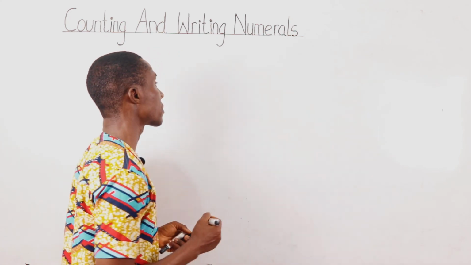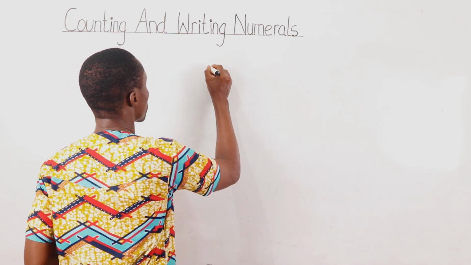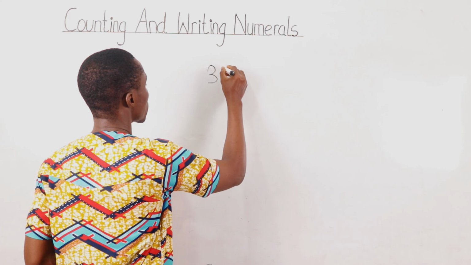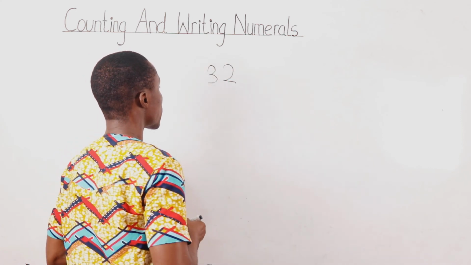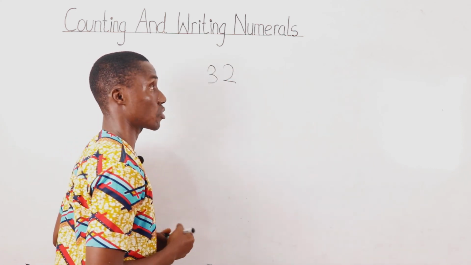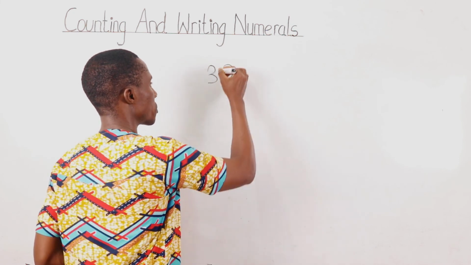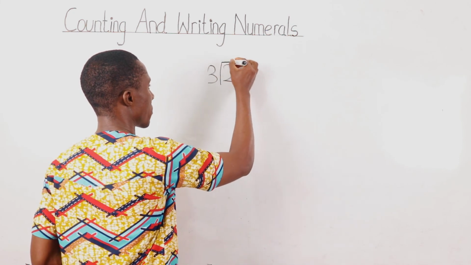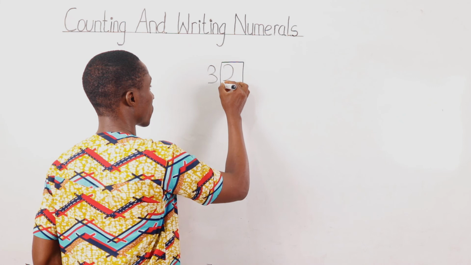What do we mean? Let's say we have 3, 2, and that is the number 32. But we do not put the number places around them.